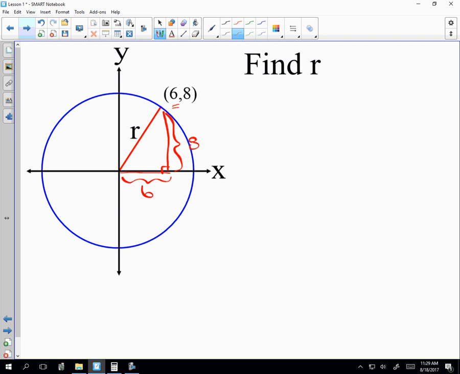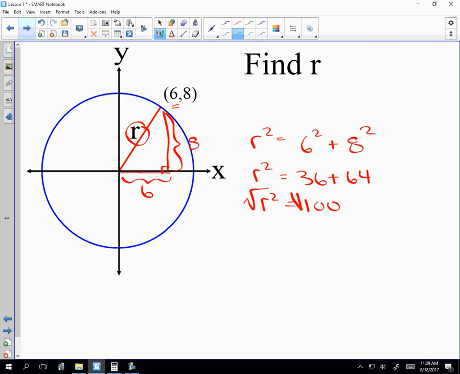So we now have the two pieces of this triangle, and now we can solve for the radius of this circle. So radius squared equals leg 1 squared plus leg 2 squared. R squared equals 36 plus 64. R squared equals 100. And then we square root both sides to get our answer.